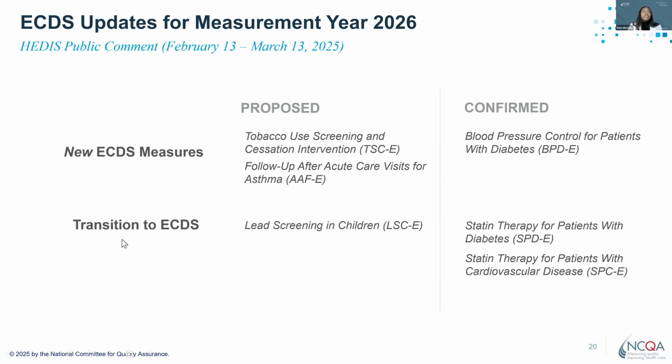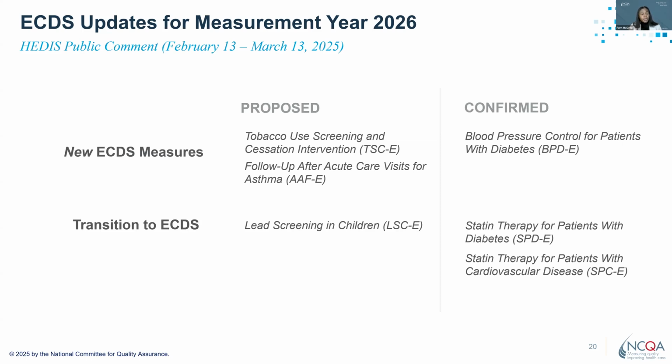We also announced in the public comment that we'll have some measures that are transitioning over to the ECDS method. So traditional measures that are in HEDIS that we are planning to convert to the ECDS method. So the lead screening in children measure, which is a hybrid measure, will be transitioning directly to the ECDS method.